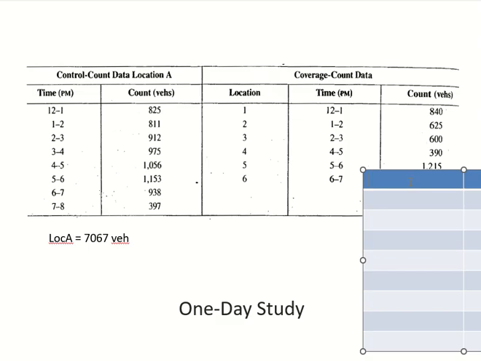So I have the hours here, and I have the expansion factor here. The first hour is 12 to 1. How will we calculate the expansion factor? I'll take the traffic of that hour divided by the total.